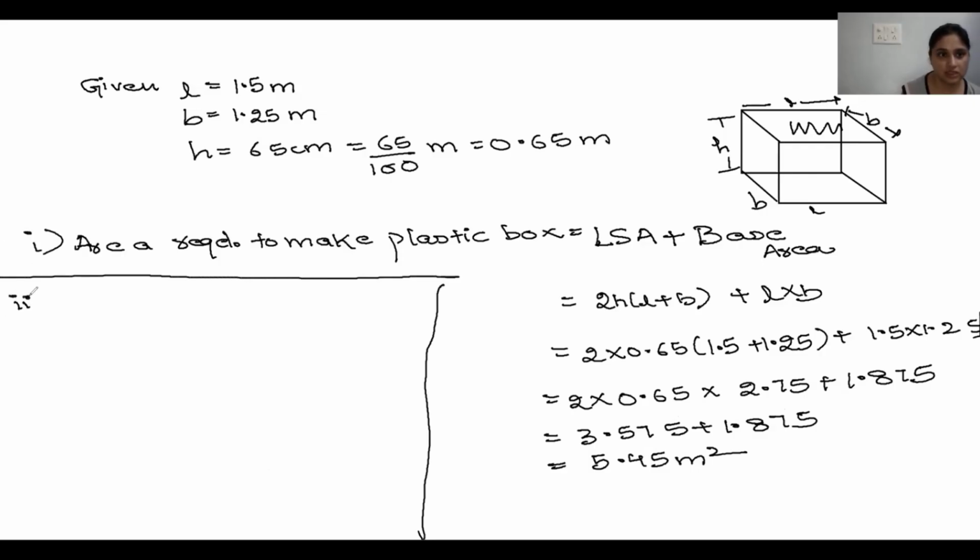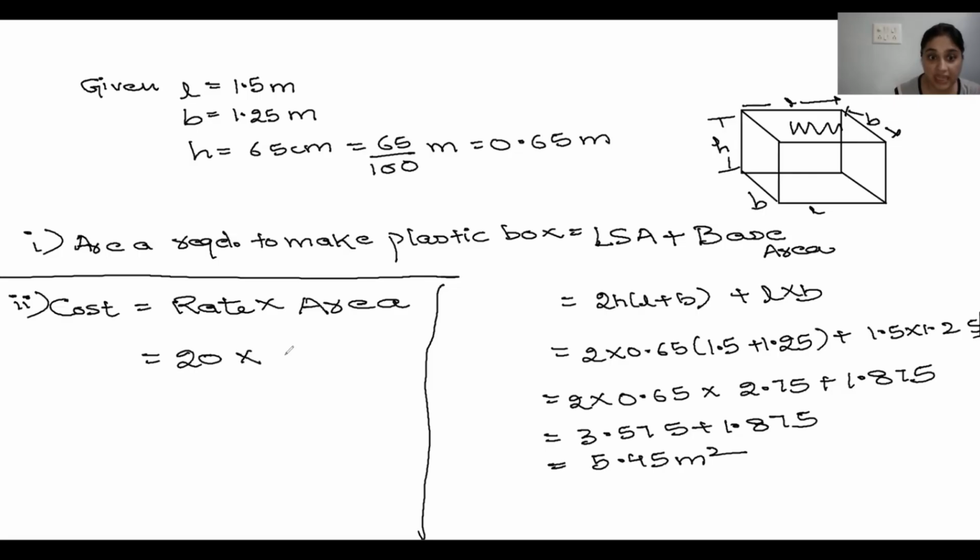Now I am solving the second part. So what does the second part say? You need to find out the cost and what is the rate given to us. For 1 meter square we are having rupees 20. So what is it बच्चा? The cost of the sheet. So जो cost होती है it is always rate into area or rate into volume, जो भी हम calculate कर रहे हैं. So rate into area. So what is the rate given to us? 20.